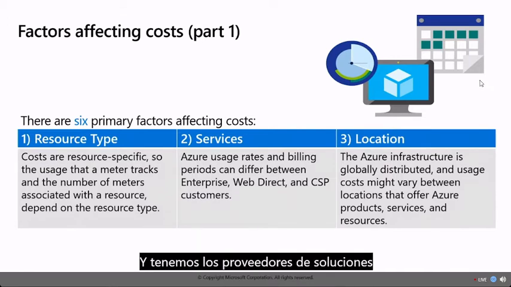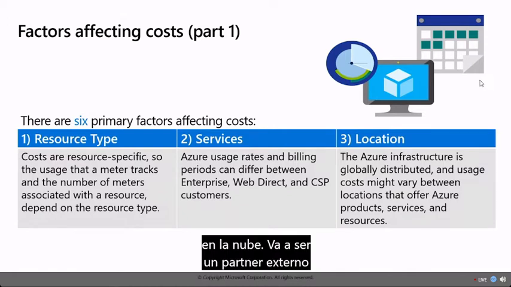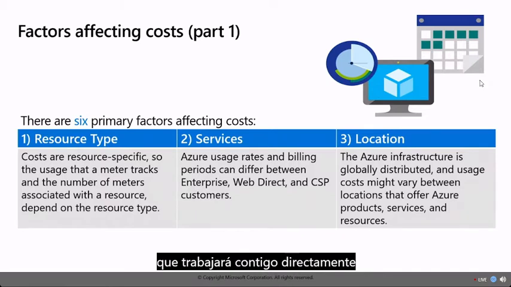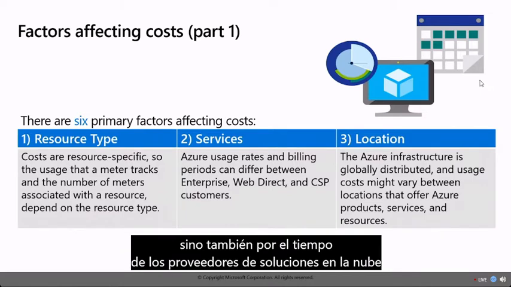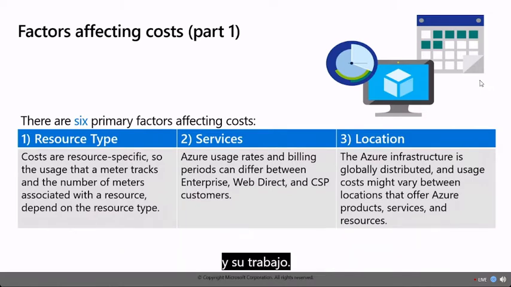Then we have our cloud solution providers. Now this is going to be a third-party partner who will work with you directly to set up your Azure account. With this, the billing, you're not only paying for the Azure services, but you're also paying for the cloud solution provider's time as well in their work.